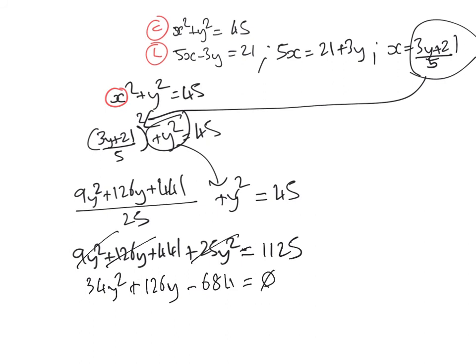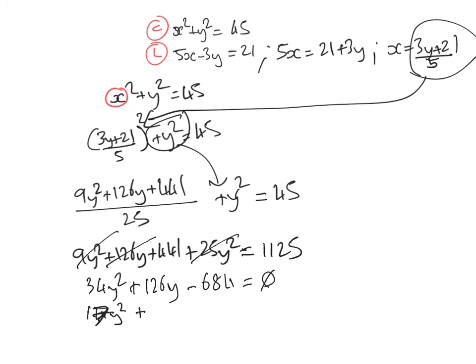Are there any factors that go into that? Well, what have you got? 1 and 34. Can you get 34 into 126? No. What's the next one? 17 and 2? Well, you can definitely take 2 out of it. So you can divide everything by 2, which will give you 17y squared, sorry, that's 34 divided by 2.